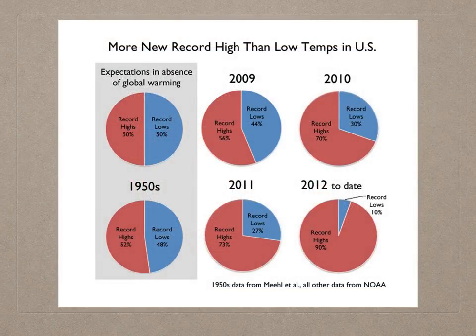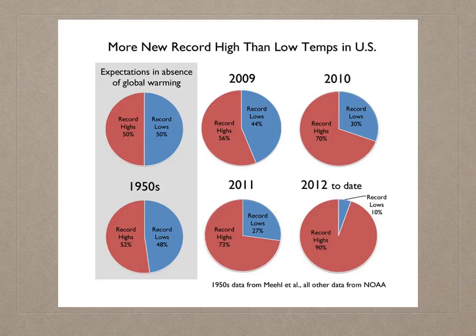The other extreme event that has changed through time is the record number of high versus low temperatures in the U.S. On average, without any sort of change to the climate system, you would expect as many record highs as record lows. And you can see that in the 1950s, that was about the case. There were 52% record highs versus 48% record lows. However, in the last few decades, you can see a significant shift in that.